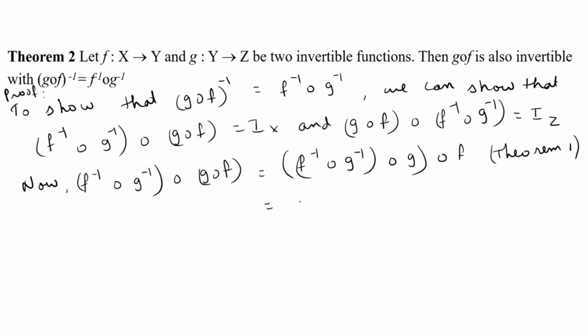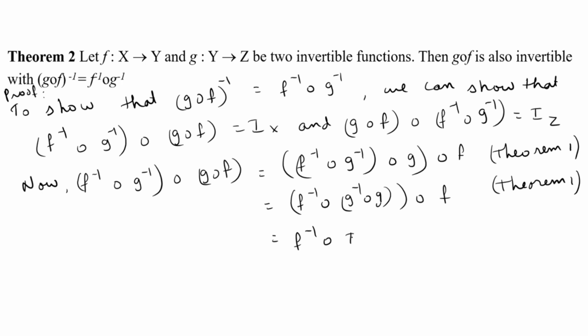So this is equal to f inverse of g inverse of g of f. This is also by the previous theorem. So it is given g is invertible. G is invertible, then g inverse of g will be equal to the identity function in y. So this is equal to f inverse of iy of f. This is by definition of g inverse.